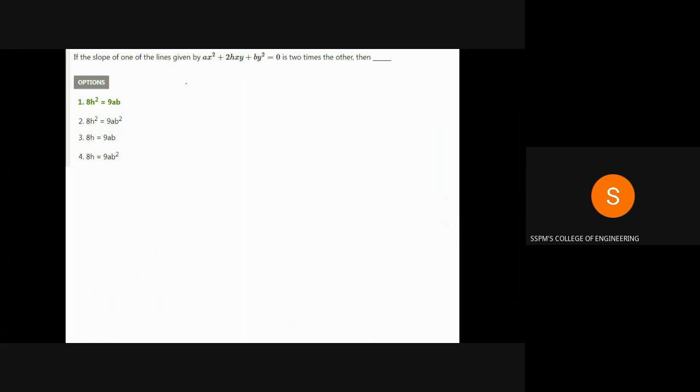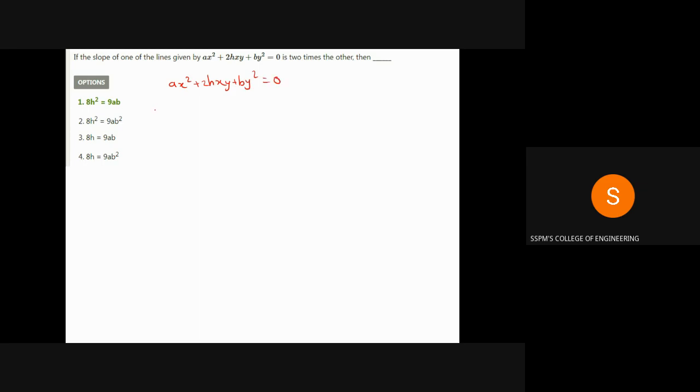The given equation is ax square plus 2hxy plus by square is equal to 0.